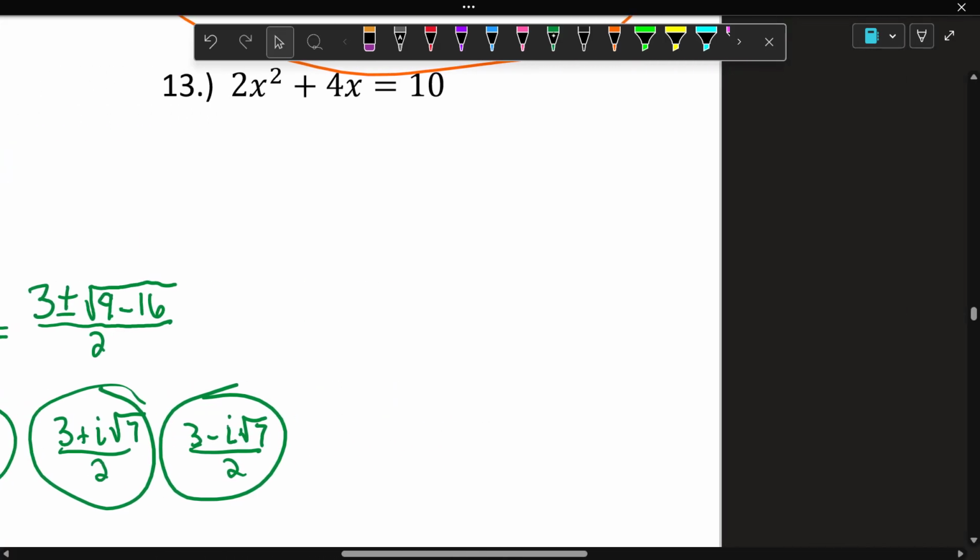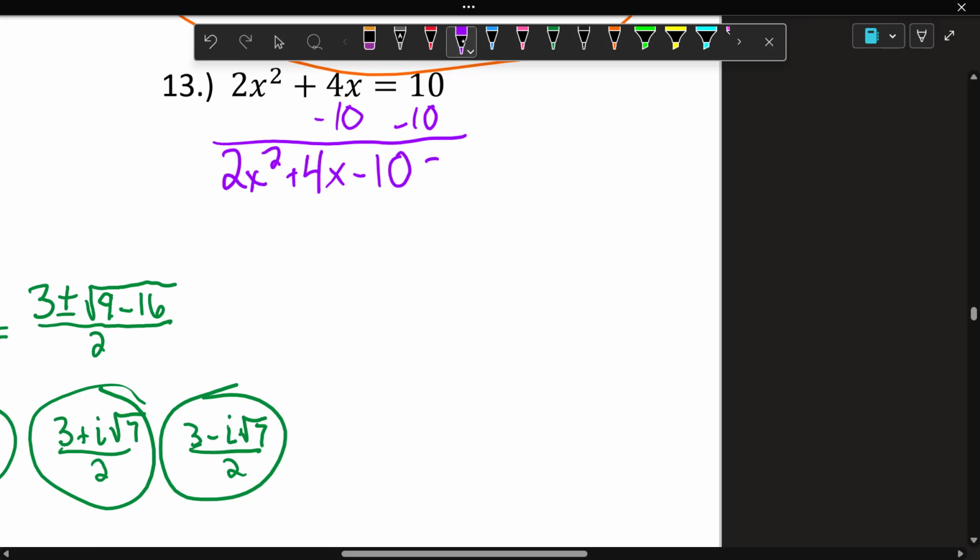So that's what we got to use. And our last one up here. So we can subtract 10. Got to set it equal to 0. So now it is. We got an A of 2, B of 4, C of negative 10.